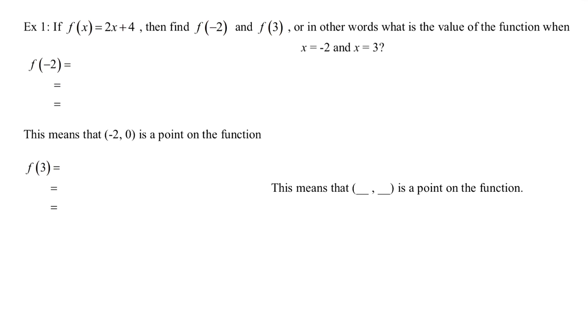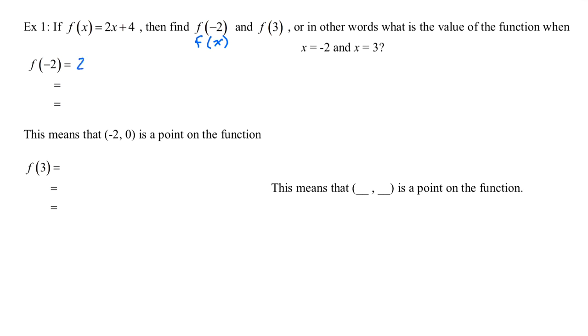We have f of x is equal to 2x plus 4, and then it says find f of negative 2. So just recall our problems were written as f of x. That just simply means that your x value is negative 2. So you're going to put negative 2 in everywhere you see an x.